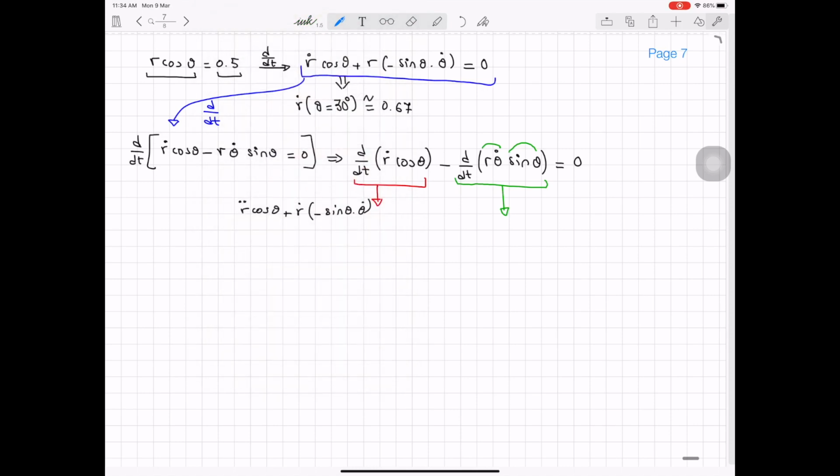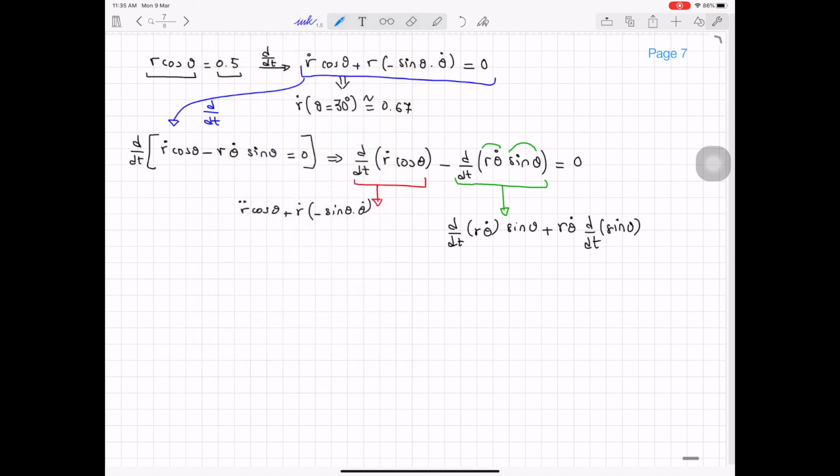For the first piece, we have d over dt of R theta dot times the second, plus R theta dot, we put it back, times the derivative of the second function, which is sine theta.